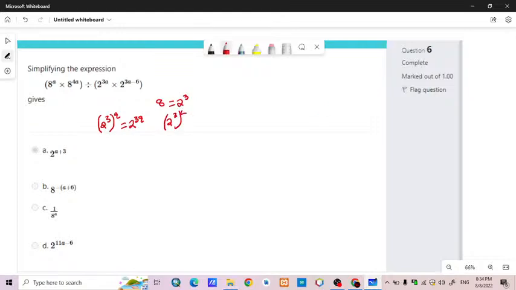Then we multiply these exponents, which will give us 3 times 4 is 12. Then you have 12a, right?